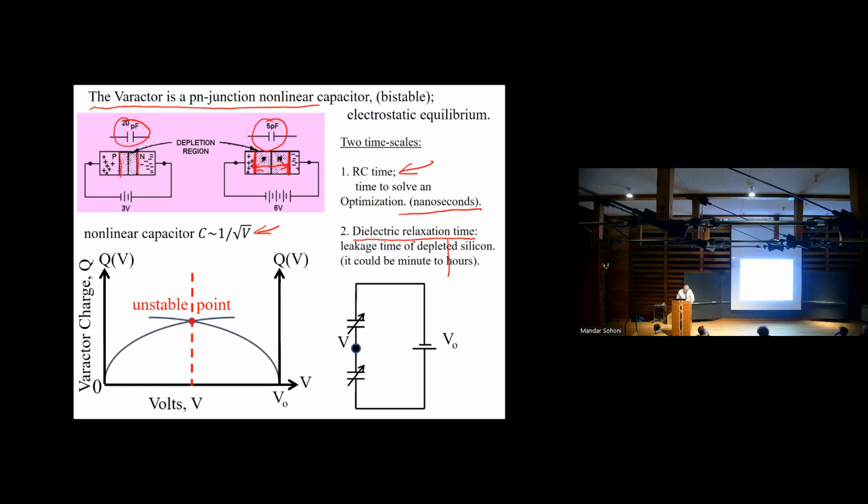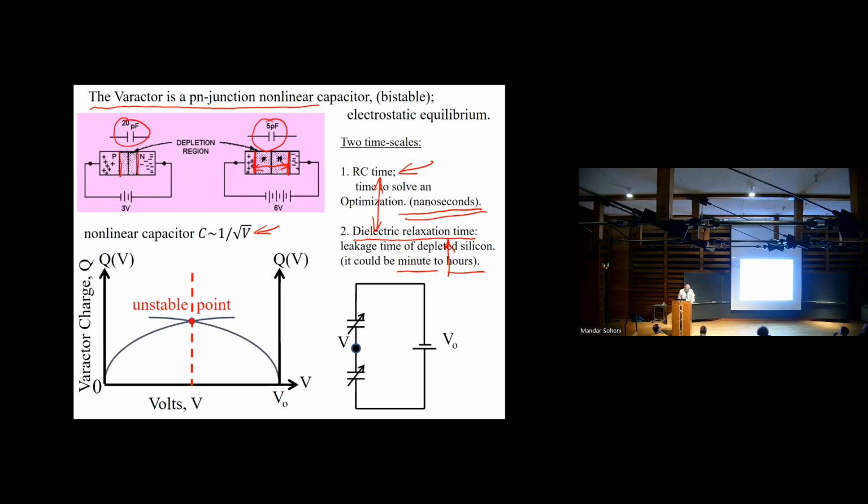Obviously, if you wait for the dielectric relaxation time, it's going to be a useless system because everything's going to go to zero. So you have to separate these two time scales, which is relatively easy to do. The RC times can be nanoseconds, whereas the dielectric relaxation time could be minutes to hours. And of course, you can complete all your measurements and get your answer before having to fight with that.